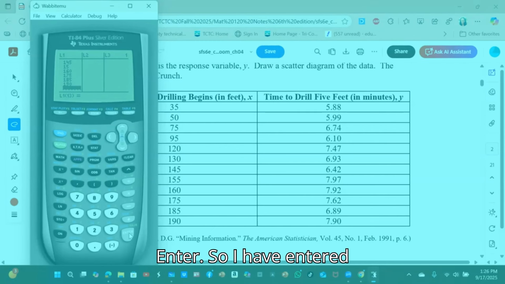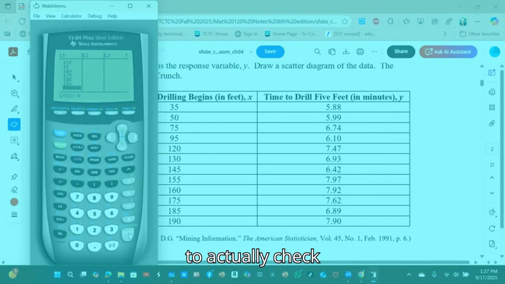So I have entered the data, and I noticed that I have 12 of them. That is why my calculator is asking me to put in the next one.